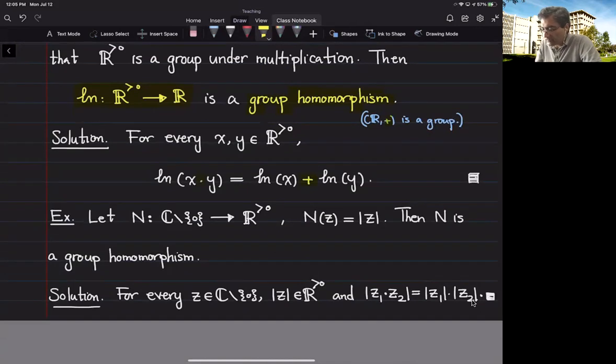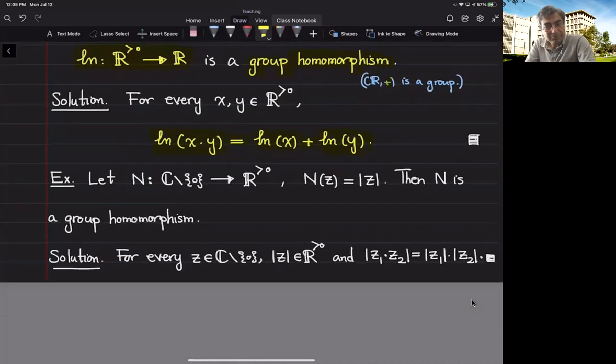And we are using multiplication over here because multiplication is the operation of the domain. So we need to check whether or not natural logarithm preserves the group operation, which means we need to check the equality that we have over here, which is true. Natural log of x times y is equal to natural log of x plus natural log of y, and therefore the natural logarithm is a group homomorphism from the set of positive real numbers to the group of additive real numbers.